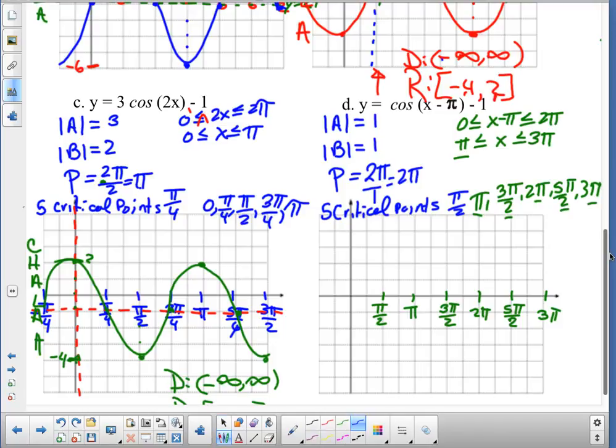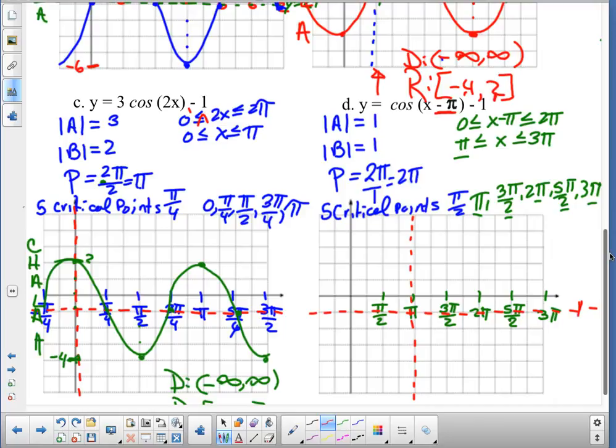So I've got a shift in my graph. Let's get us a nice change in our axis so we can see where it's going to go. I've got a shift to the right, and we could predict that it was a pi shift to the right. Okay, and then it's a shift down of my axis, at y equal -1.